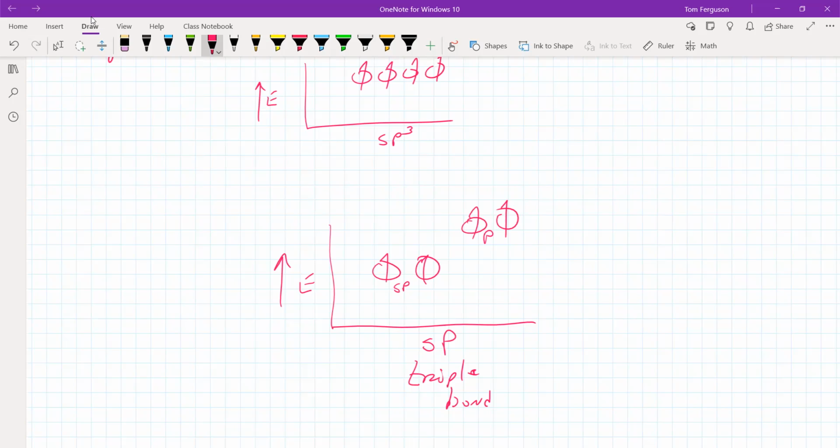Stability-wise. That's right, and the reason is, yeah, the unhybridized Ps, you have more of them. So when you weld, anyone here weld?